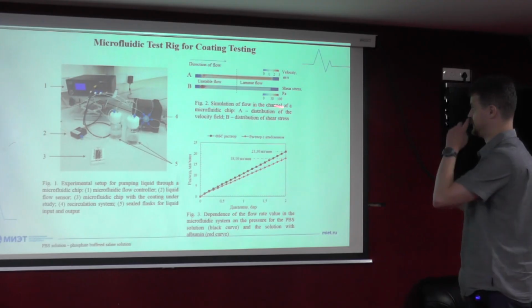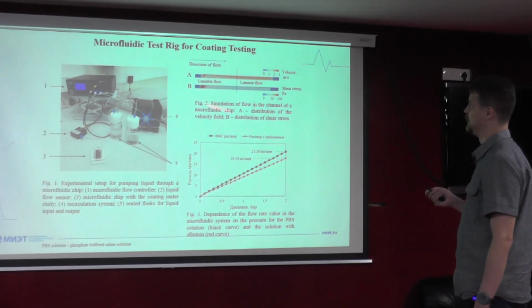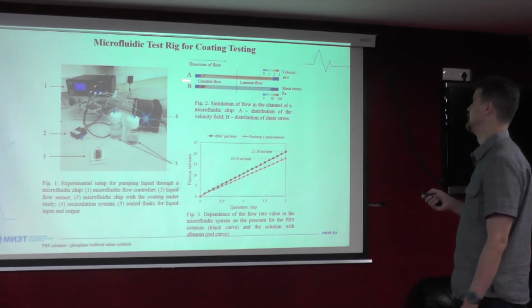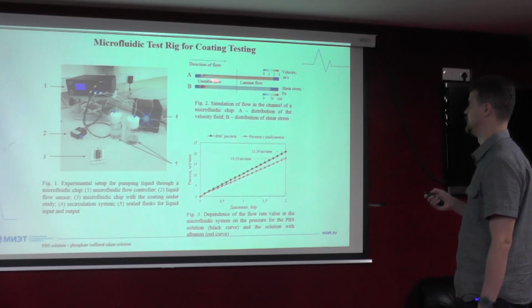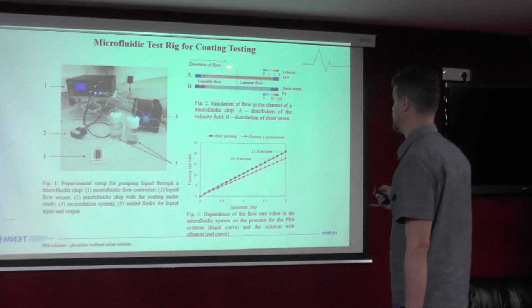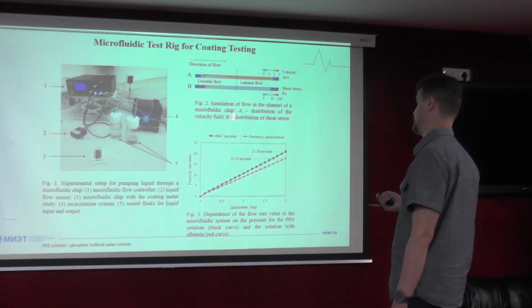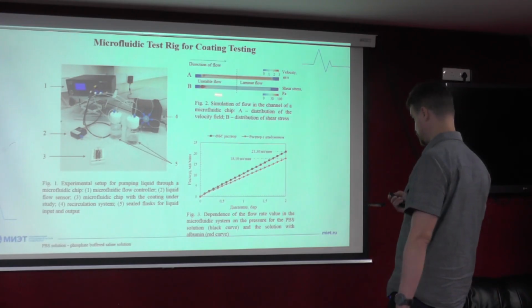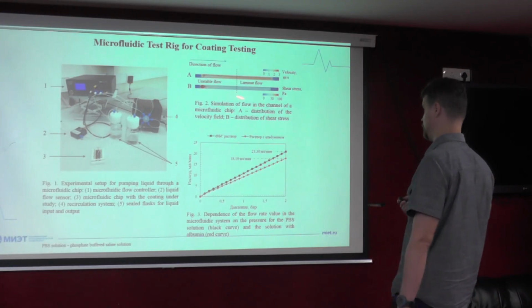that we experienced during the whole test. So we had the opportunity to control the velocity of the flow within the microfluid system, and we controlled whether we had unstable flow or laminar flow inside of the microfluid channel.